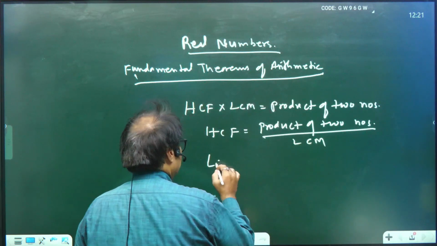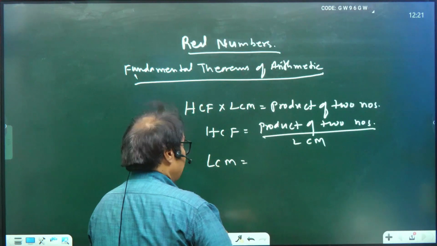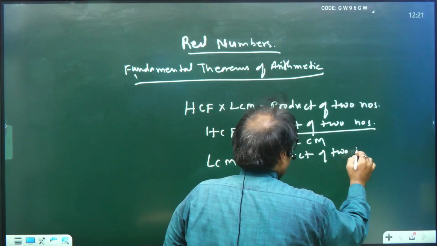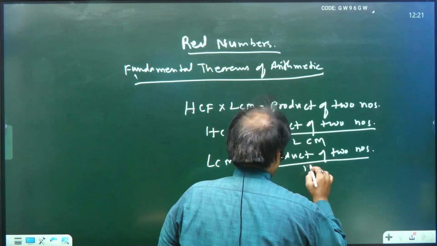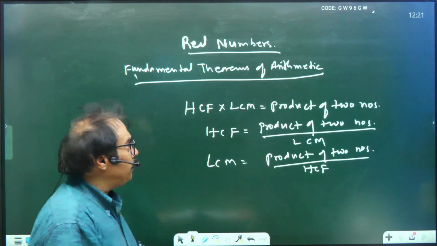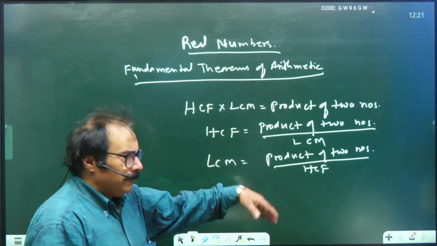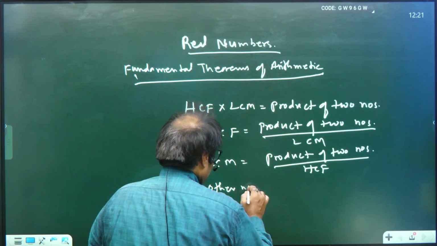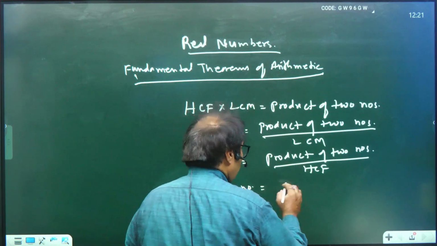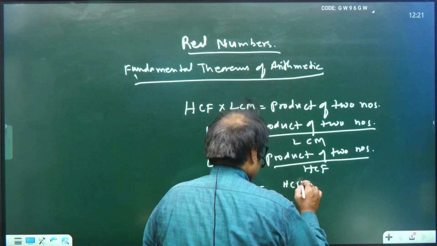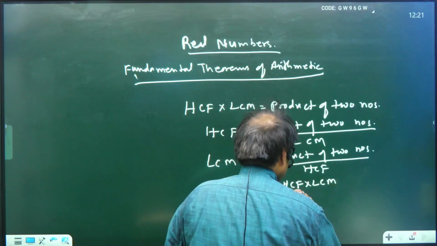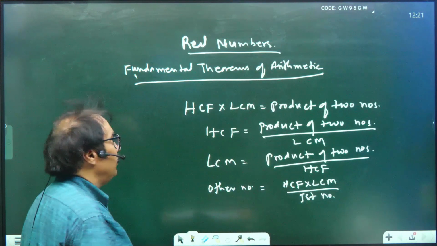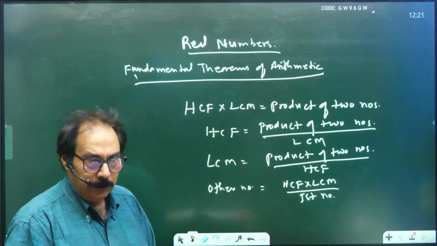Or if HCF is given and we have to find LCM, then it is the product of two numbers divided by HCF. And if HCF, LCM and one number are given, then the other number is equal to the product of HCF and LCM divided by the given number. These are the very simple formulas we will apply in this exercise.